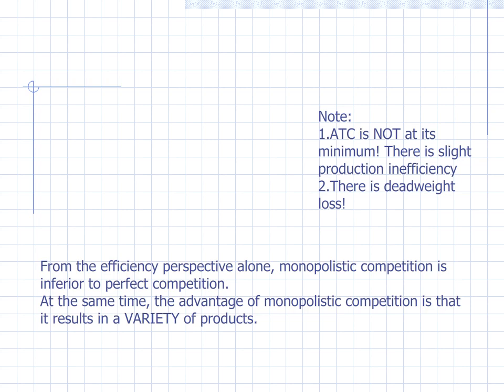However, it is clear that this aspect of monopolistic competition creates an additional benefit for consumers. So if we were to decide which we prefer, monopolistic competition or perfect competition, I'd say that a little bit of production inefficiency and a little bit of allocative inefficiency, represented by a small deadweight loss, is a small price to pay for the enjoyment that we get from having access to a variety of products.